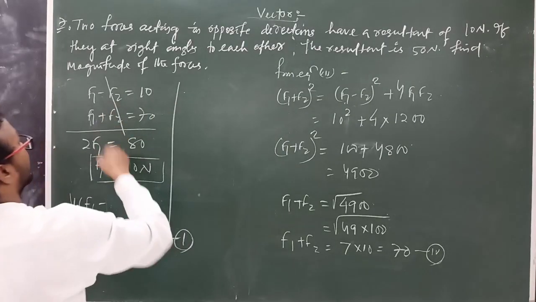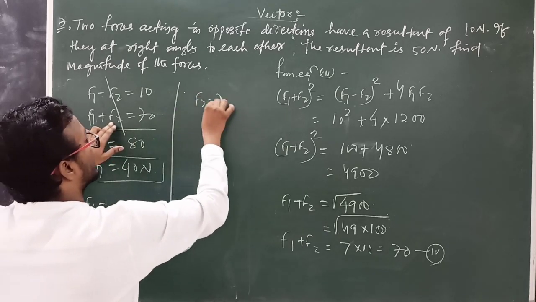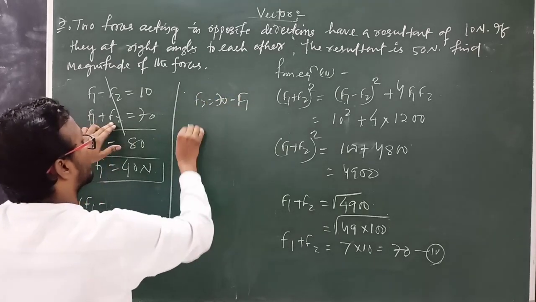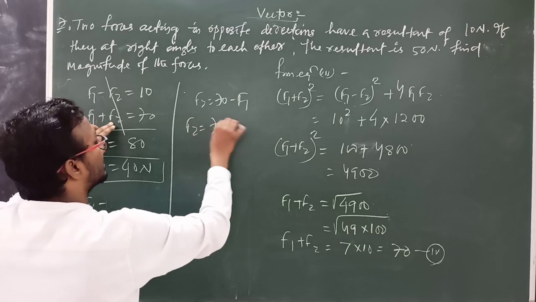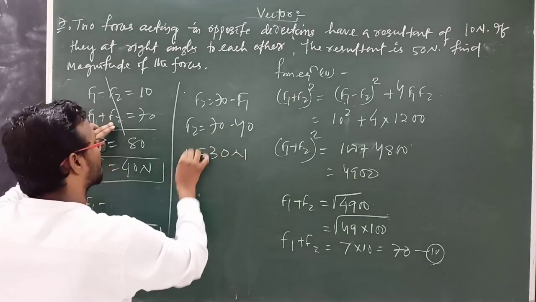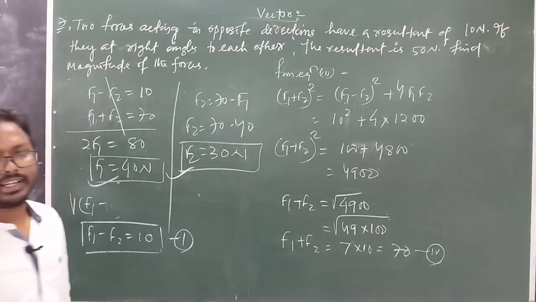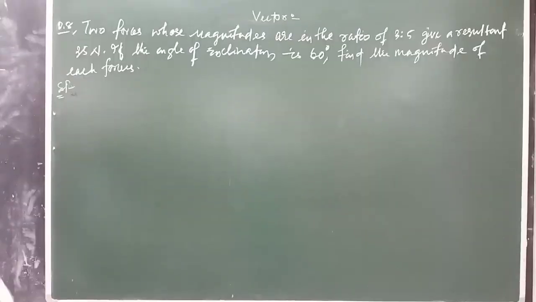Similarly, you can calculate f2. So f2 equals 70 minus f1, which is 70 minus 40 Newton, equal to 30 Newton. So this is the value of f1 and the value of f2.